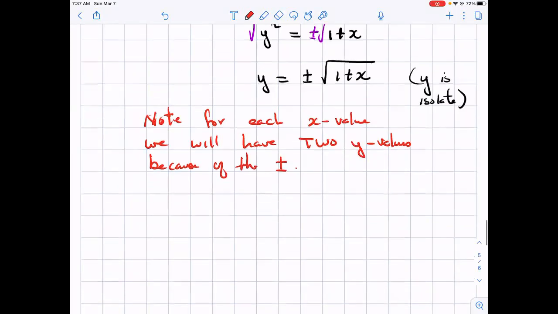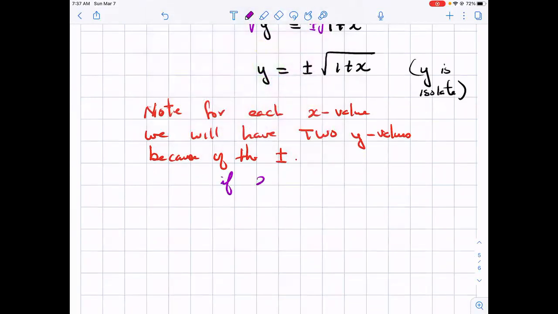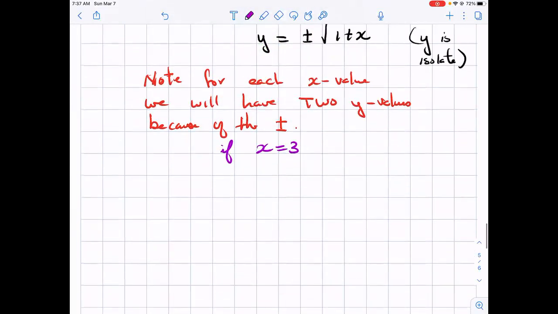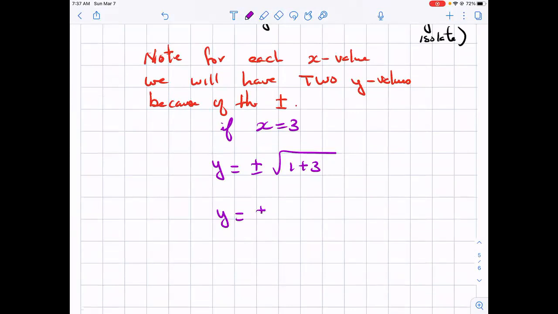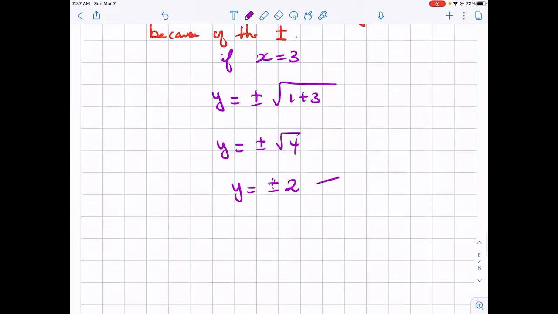So if x is equal to 3, we have y is equal to plus or minus the square root of 1 plus 3. So y is equal to plus or minus the square root of 4. So y is equal to plus or minus 2. So here we have two values.